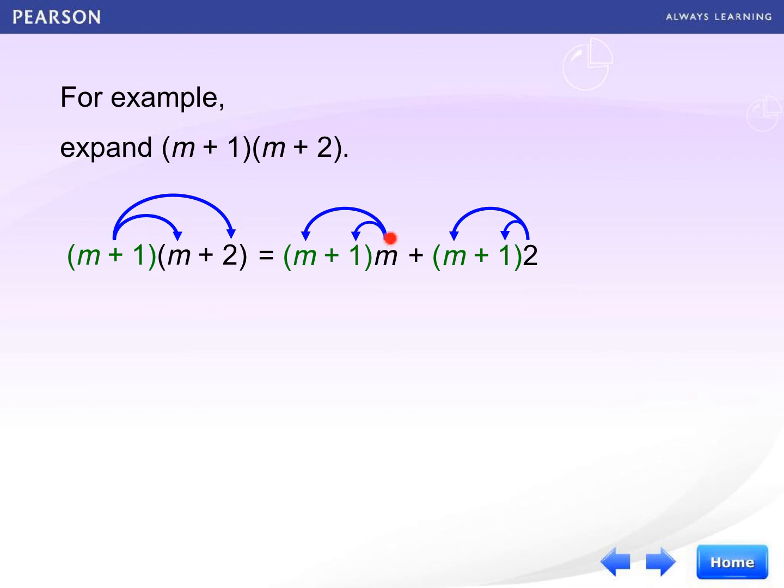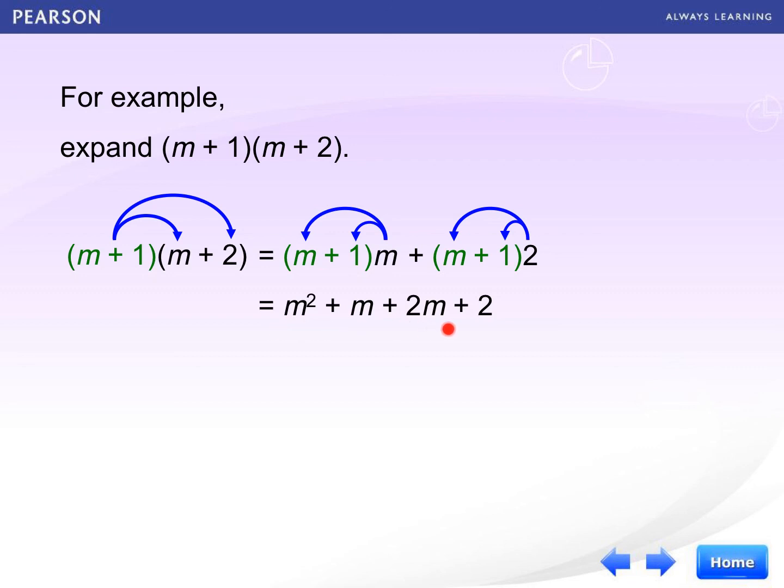Then you multiply m into m plus 1 and multiply 2 into m plus 1. Therefore, you get m squared plus m. This one is m times m, m squared, 1 times m here. And you can get 2m plus 2 here.